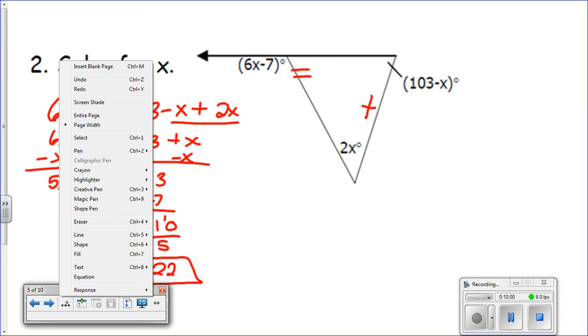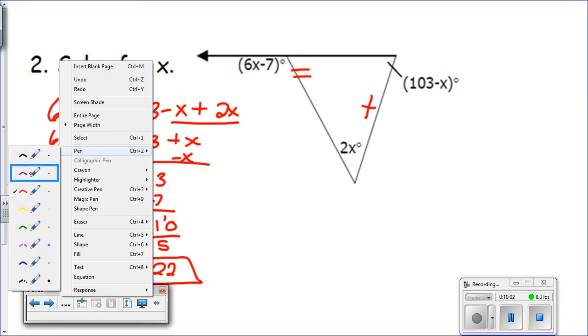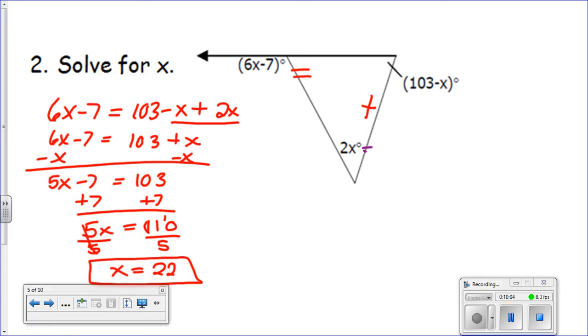Now, the question didn't ask it, but if it wanted to know what the angle measures were, you would do 2 times 22. Whoops. Let me fix that. So that would be 44. This would be 103 minus 22.